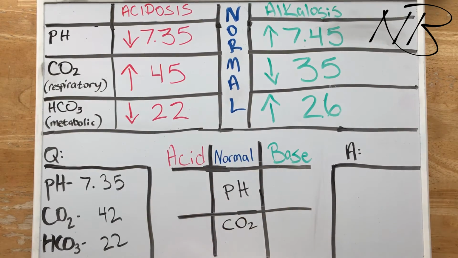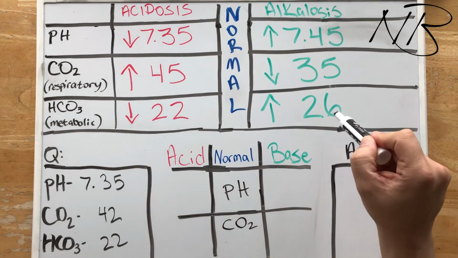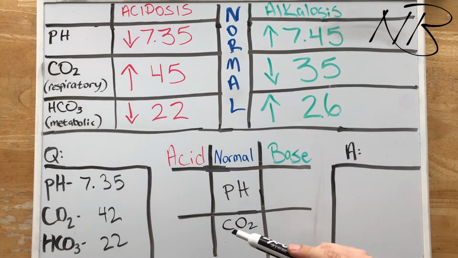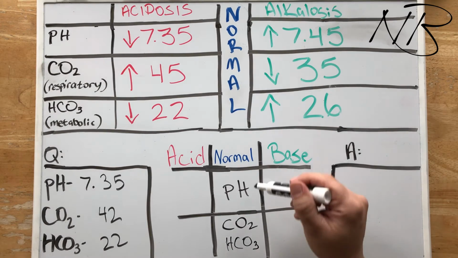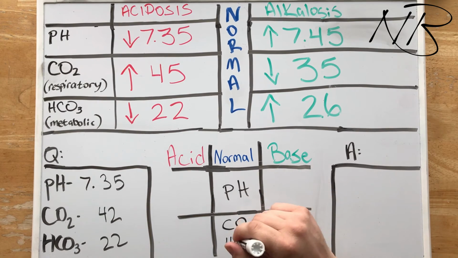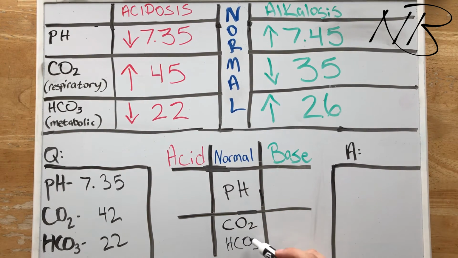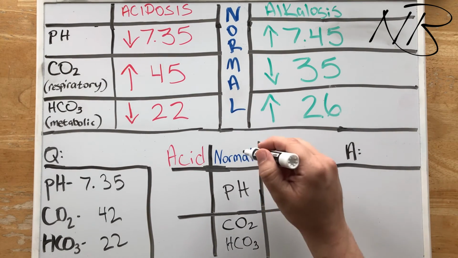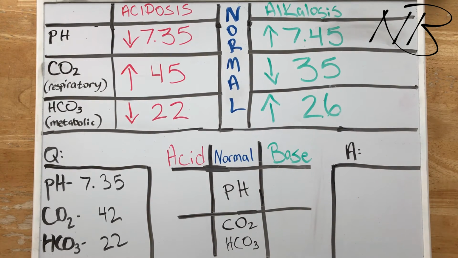So 22 is not less than 22. 22 is not greater than 26. Therefore, it also is in the normal column. So we'll write it in the normal column. And therefore, what we can see is our pH is in the normal column, and both our bicarbonate and our CO2 are as well. Therefore, we know that this is just a normal blood pH.